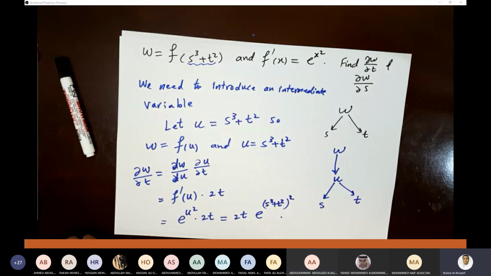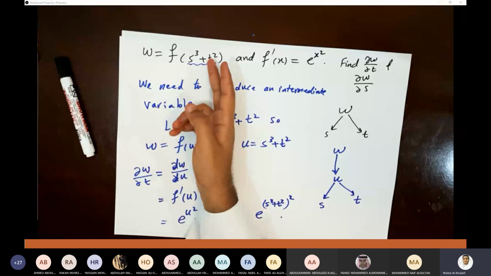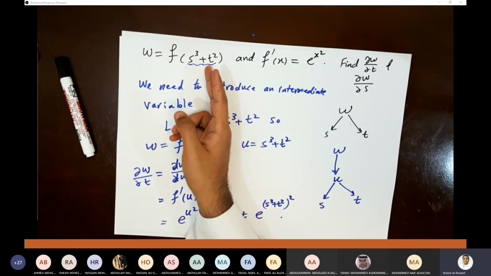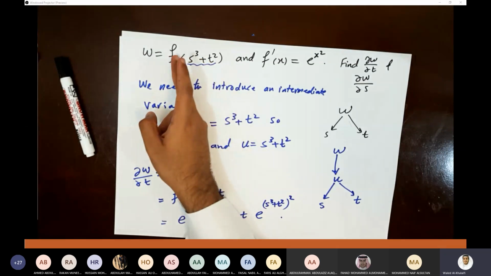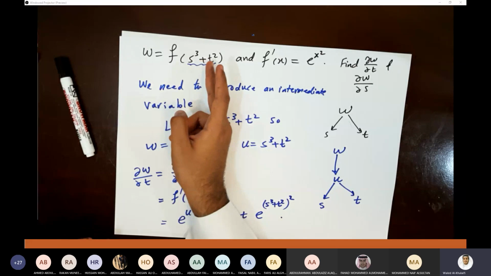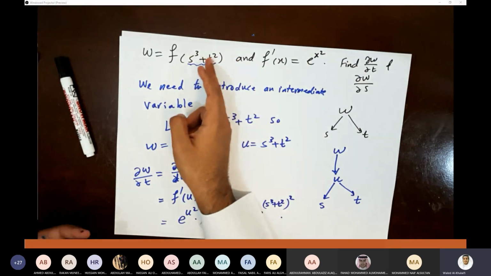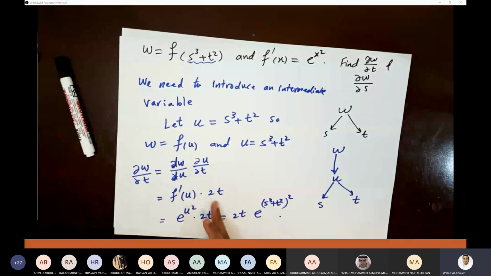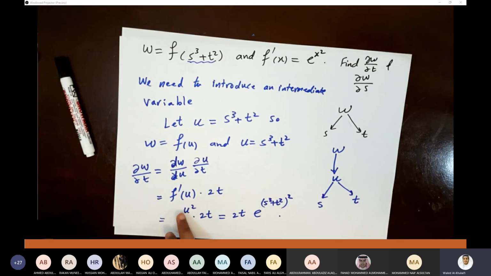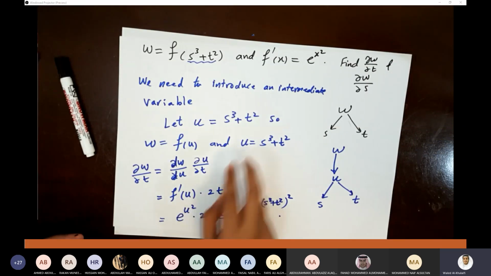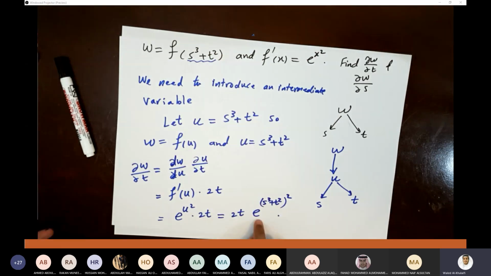Some of you may think, okay, I will use Math 101: I will say f prime evaluated at the inner times the derivative of the inner, but now with respect to t, so you're going to say times 2t. Yes, you can say something like that, and then you need to substitute for this particular example.